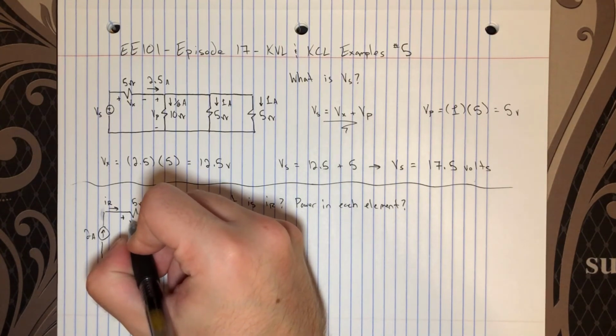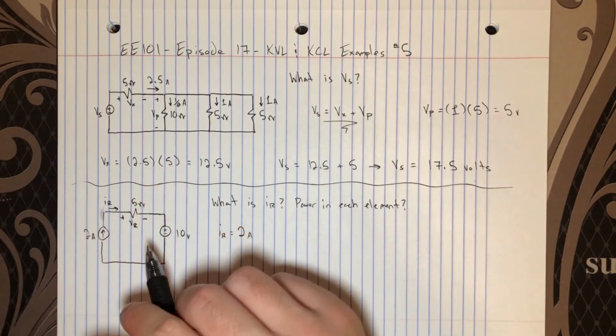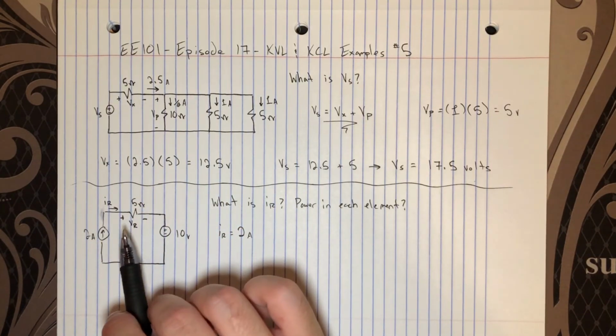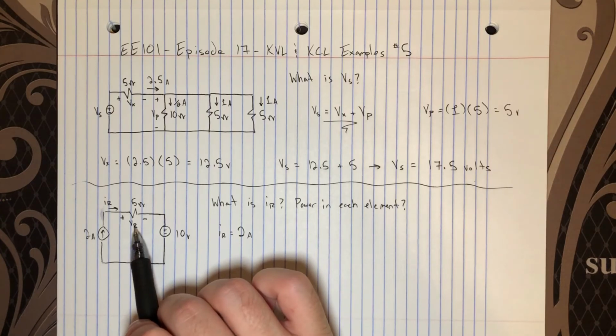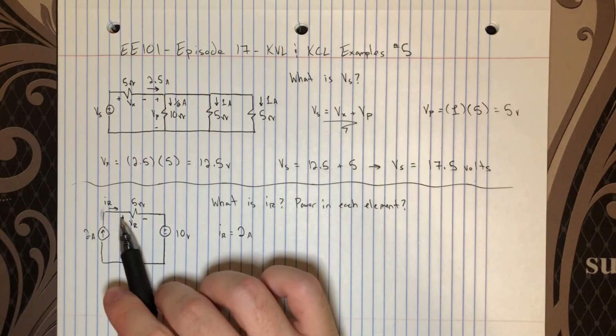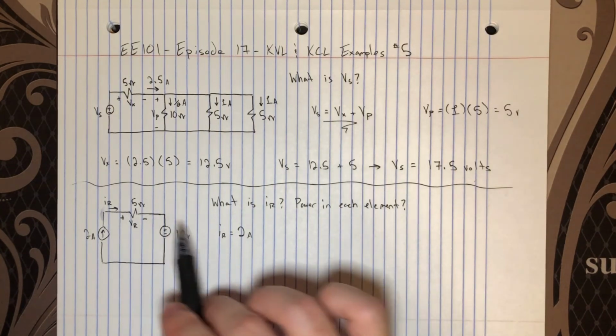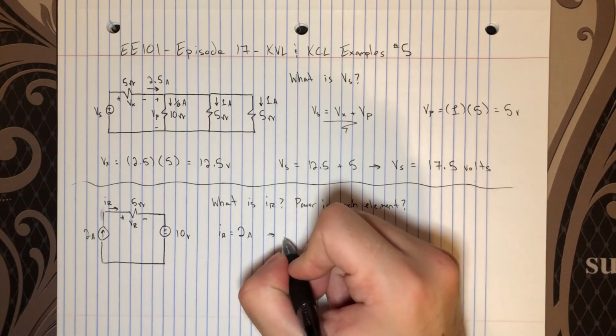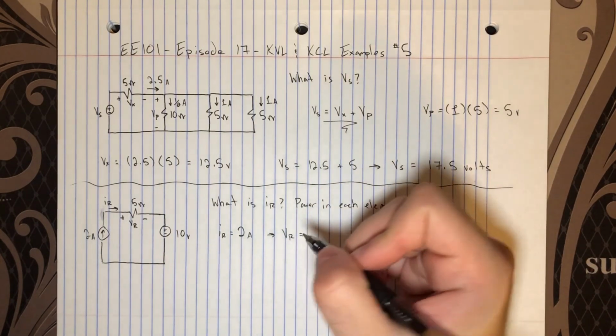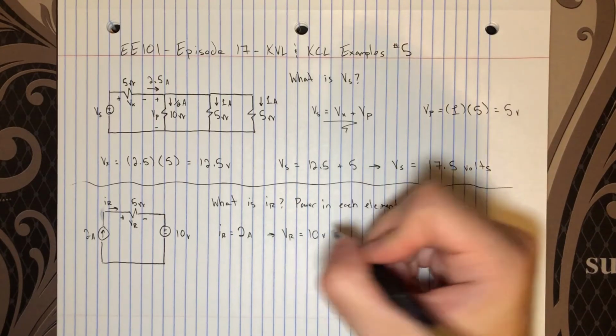So VR is right here with this polarity, and we know VR via Ohm's law: VR is just IR times R, and we know IR to be 2 amps, therefore VR equals 10 volts.